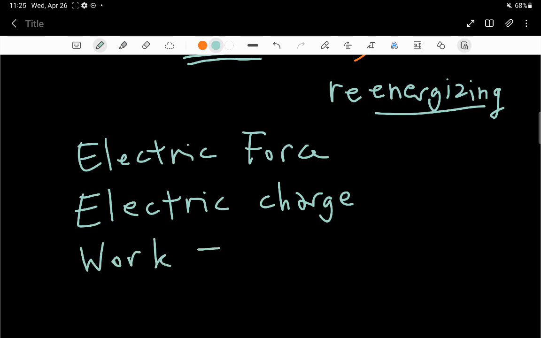If you recall work, the way that you calculate this is you imagine a force provided by some sort of external agent or system where that force is being applied on an object. In this case, we're going to imagine force is being applied on electric charges. But the work is not equal to the force, right?